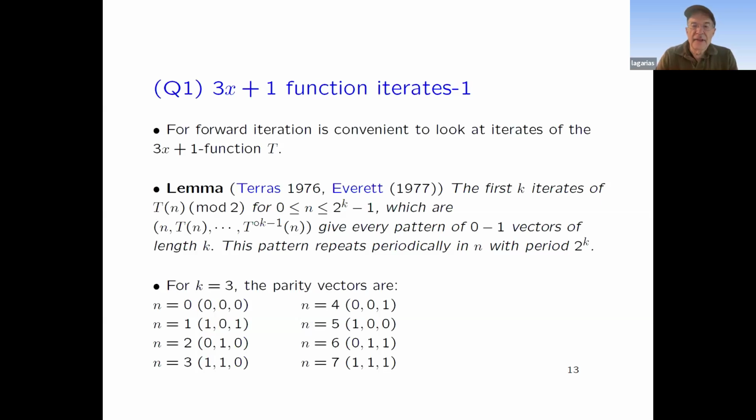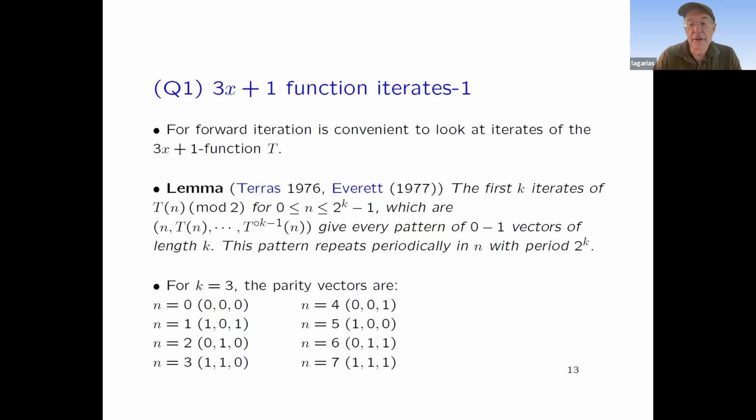I'm going to repeat some old stuff. It's most convenient to deal with the 3x plus 1 function, because the basic thing that was observed by Terras and Everett is that if you look at these iterates mod 2, they give you a symbolic dynamics attached to the iteration pattern, which consists of the parity of each of the iterates.